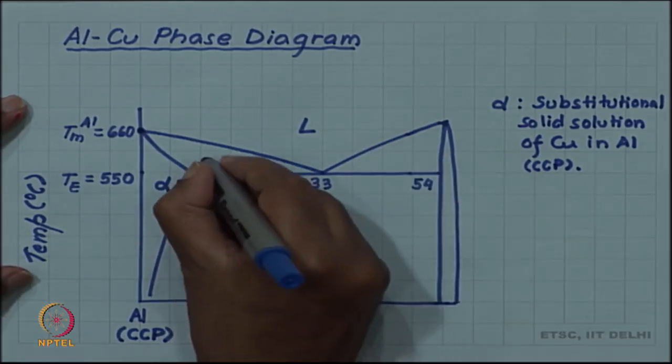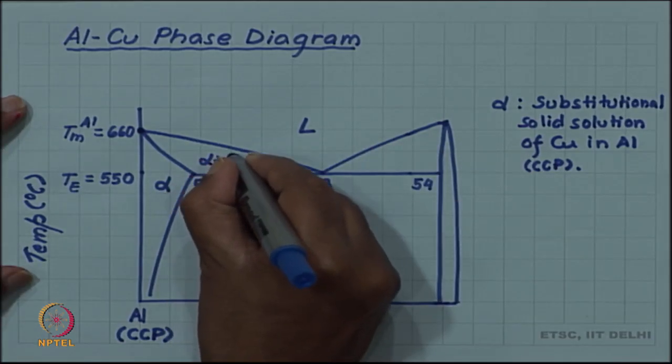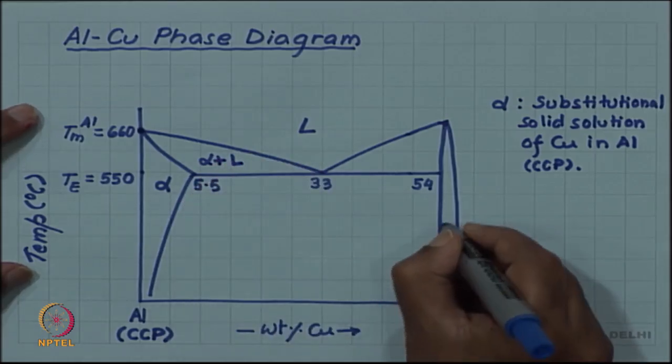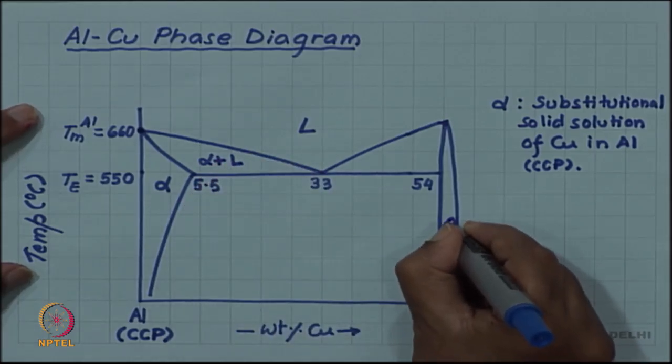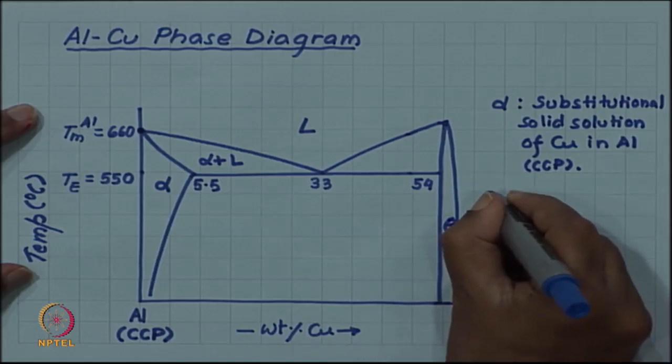Then you have liquid, and you will obviously have alpha plus liquid. This particular phase is theta, which is an intermetallic compound.